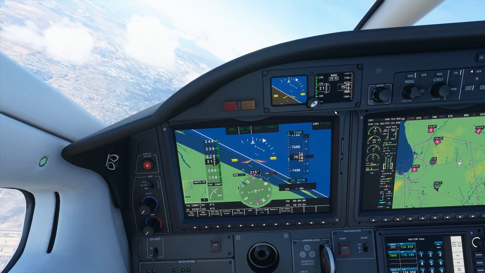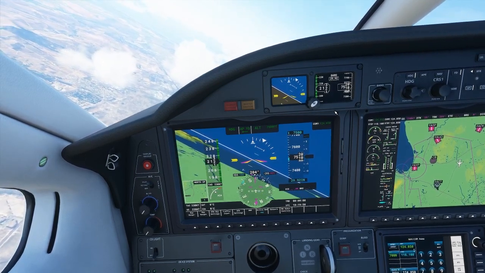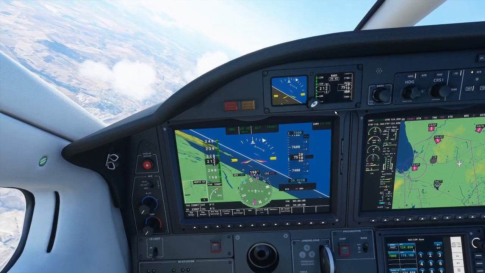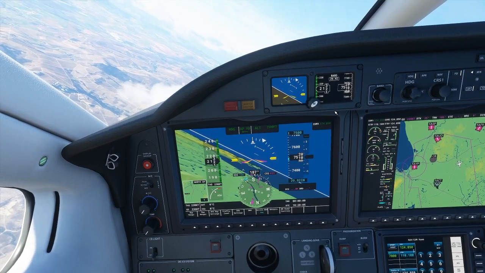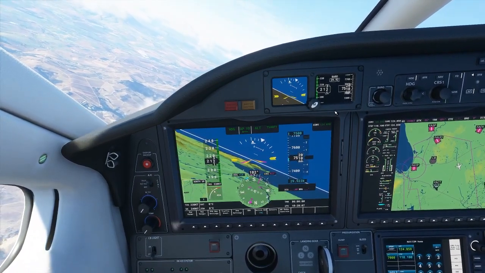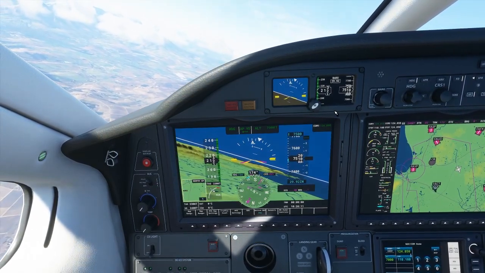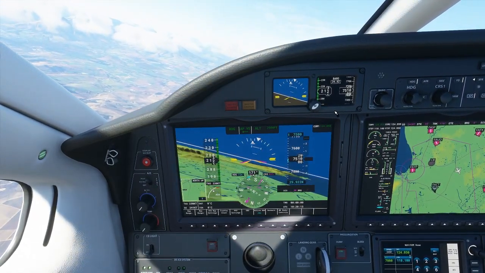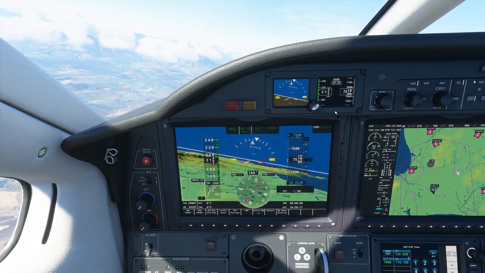And the other thing which I've had in real life is that, I'm not sure if it's the actual NDB itself or the ADF inside the aircraft, but either way they are affected by electrical signals. So with any kind of electrical activity, like thunderstorms, you can find that your ADF will point you to the nearest thunderstorm.